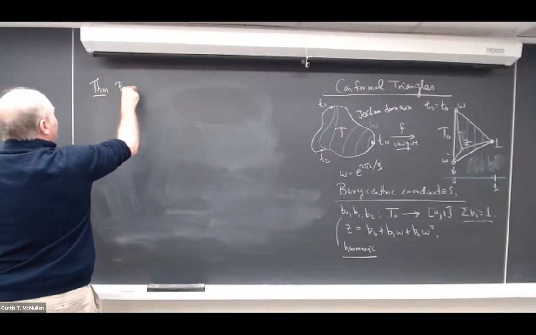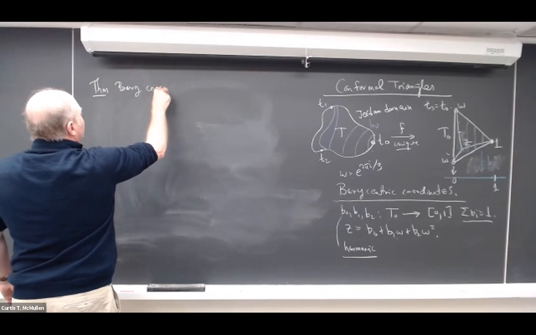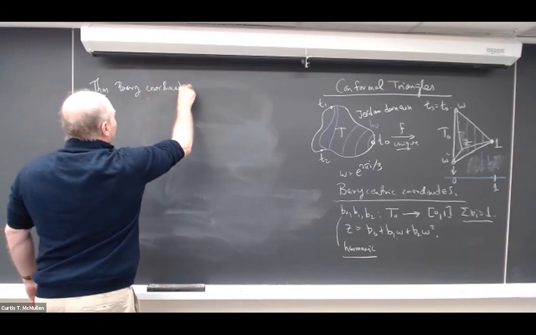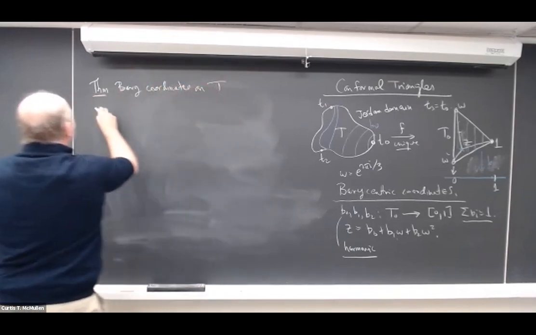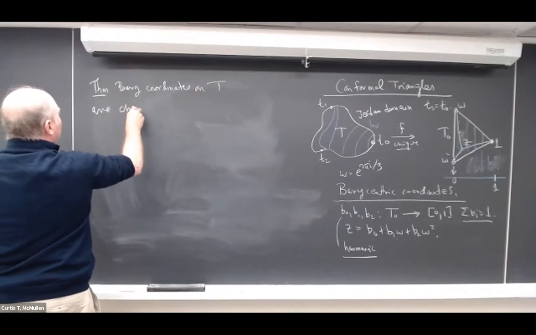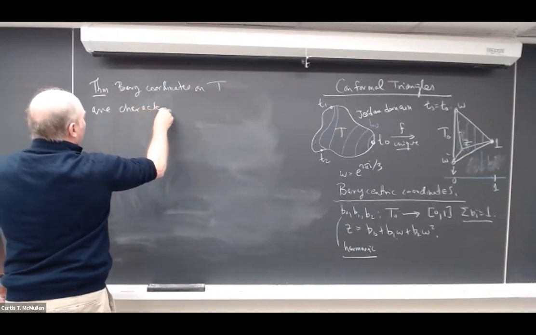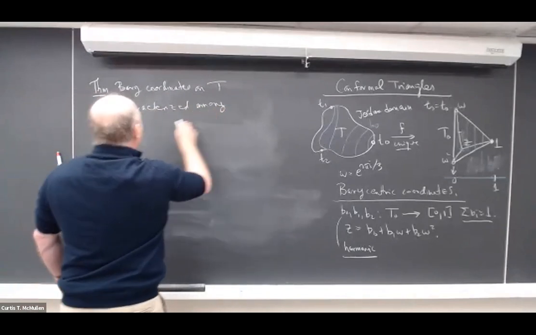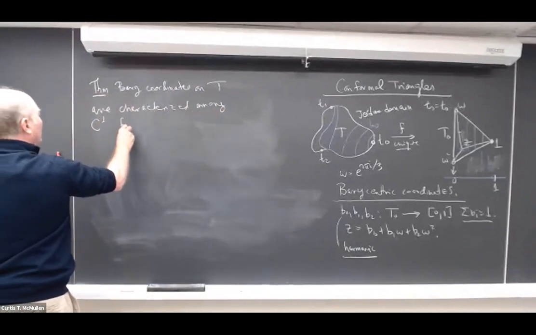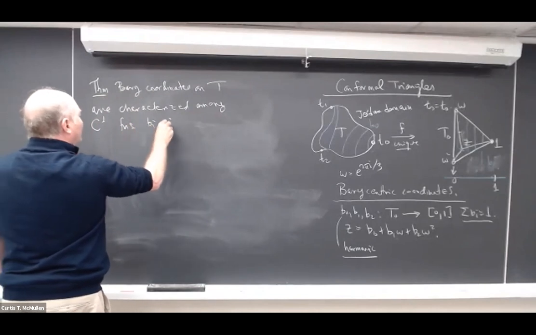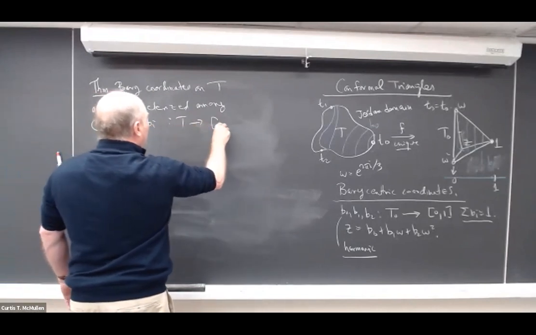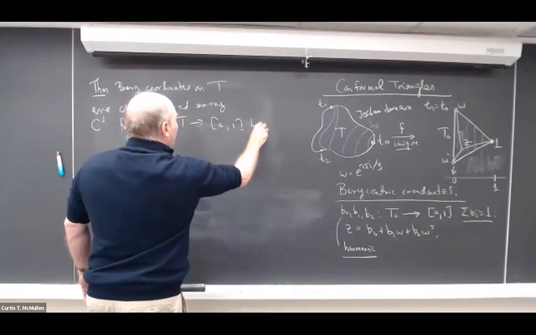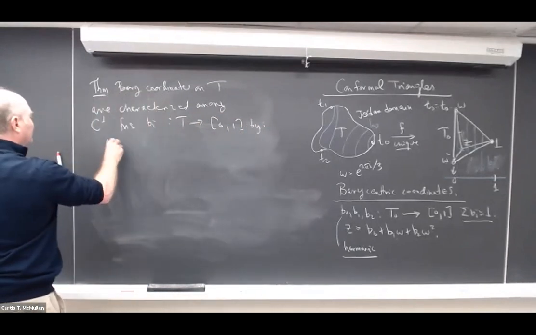So the barycentric coordinates on T are characterized among reasonably smooth functions, say C1 functions, Bi from T to [0, 1], by the following properties.